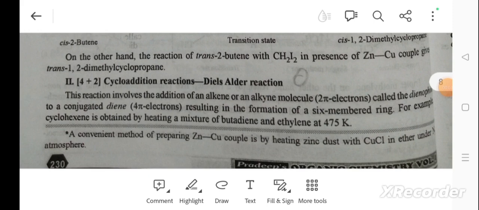Second, the 4 plus 2 cycloaddition reaction, the Diels-Alder reaction. This reaction involves the addition of an alkene or alkyne molecule, called the dienophile, to a conjugated diene. The 4 pi electrons and 2 pi electrons result in the formation of a six-membered ring.